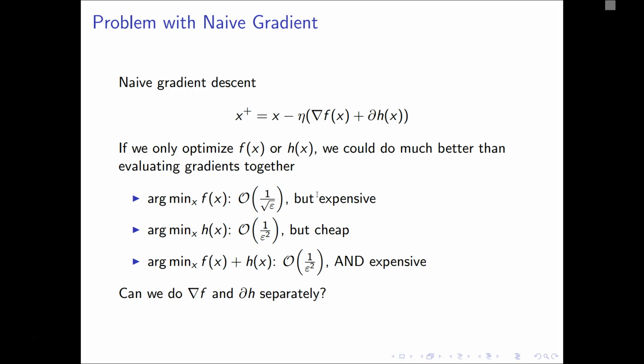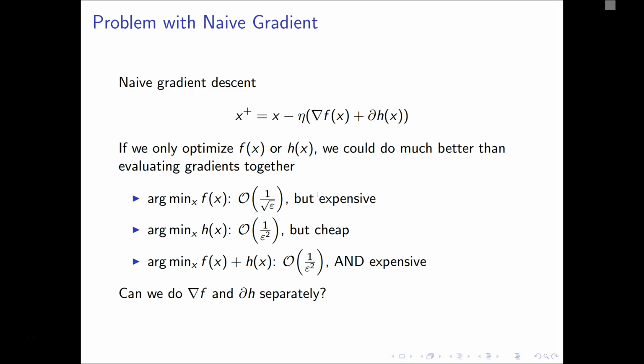So you want to optimize so that your optimality gap is less than epsilon, and this 1 over square root epsilon will be the number of gradient evaluations you need to reach that target. However, since evaluating f is expensive, the total computation is big.